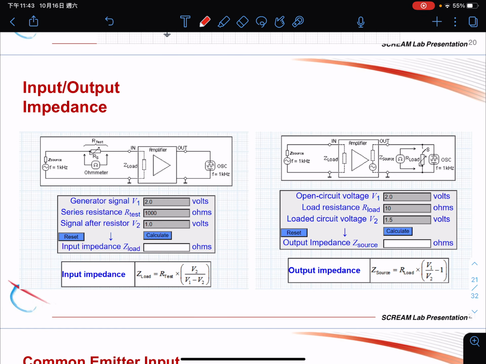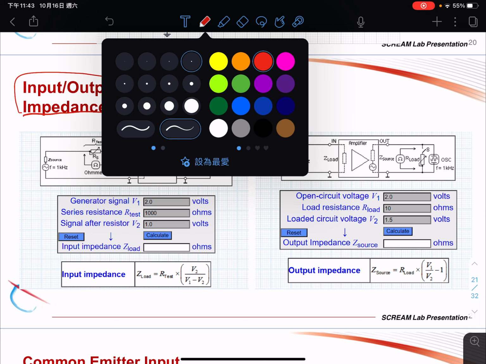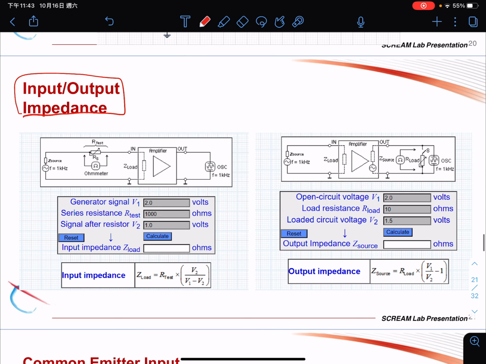I would like to introduce to you the other important concept of a circuit, which is input and output impedance. When we talk about the input impedance, that means that we want to look into the circuit from this part.